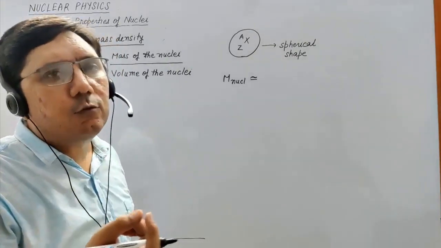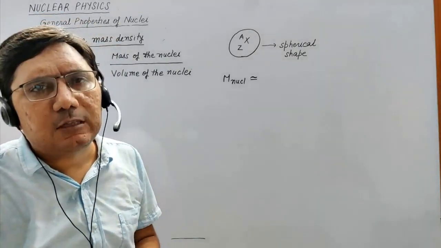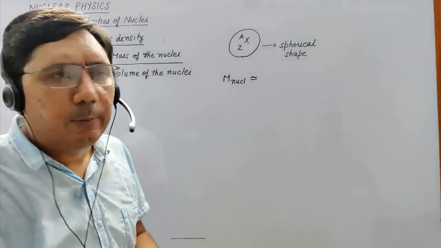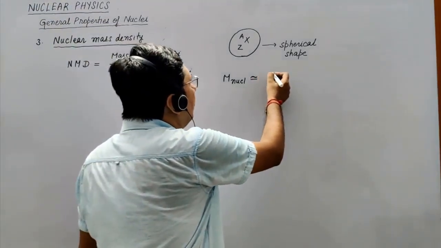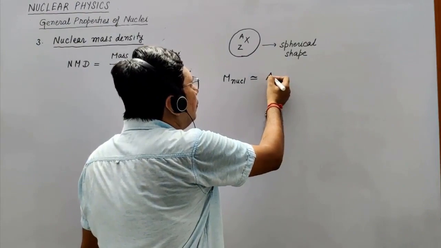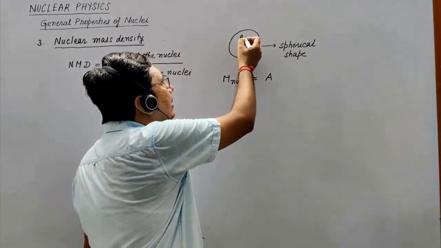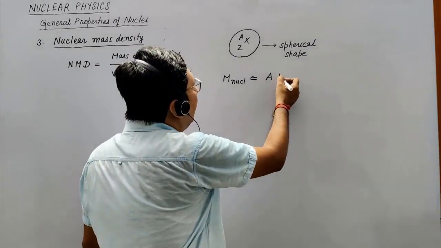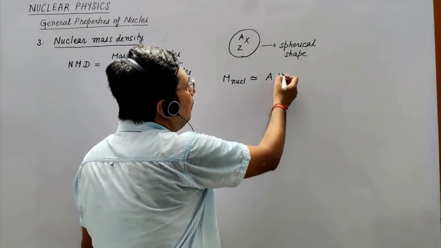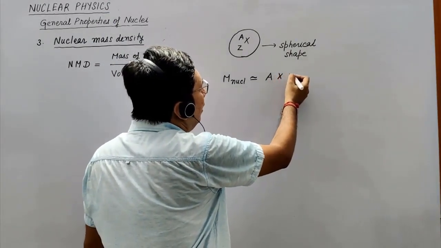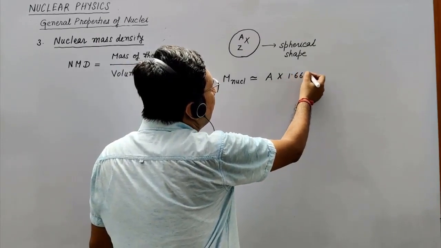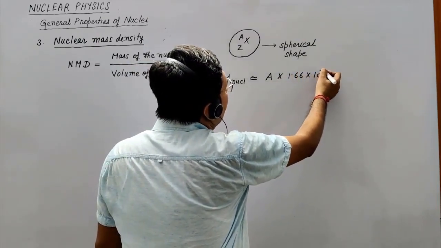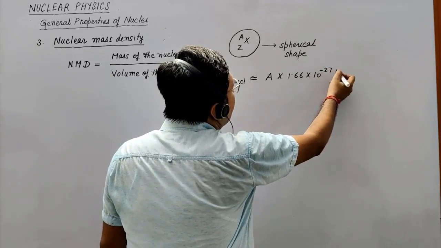So mass of the nuclei will be nearly equal to the mass of these nucleons. The total number of nucleons inside the nuclei is A. So mass of the nuclei will be roughly equal to A into 1.66 into 10 power minus 27 kg.